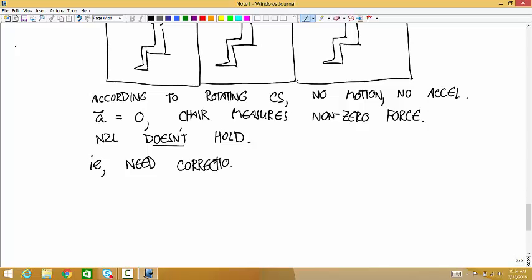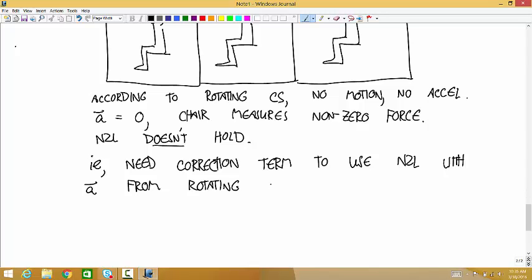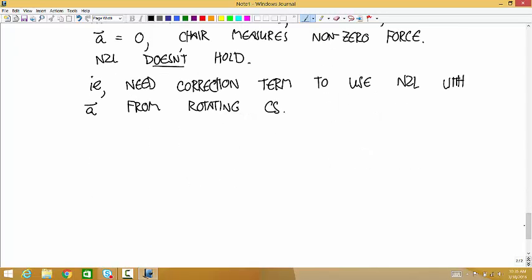So you need a correction term to use Newton's second law with accelerations from a rotating coordinate system. And what are those correction terms?